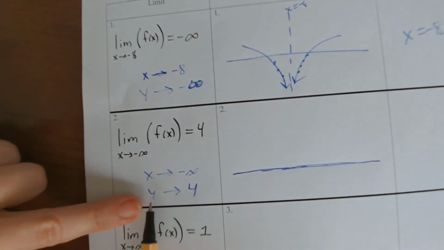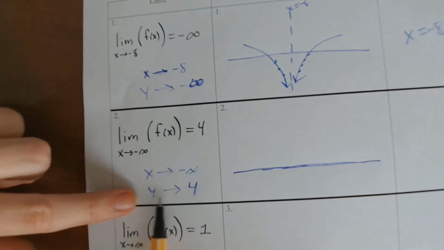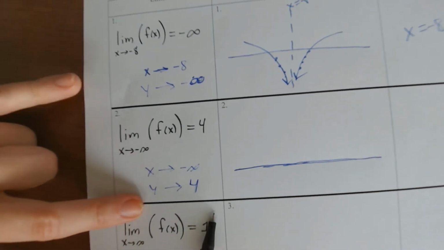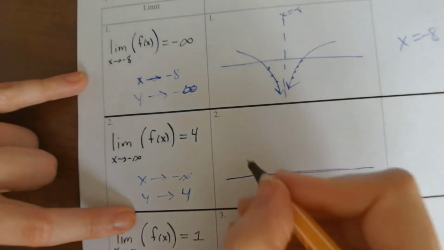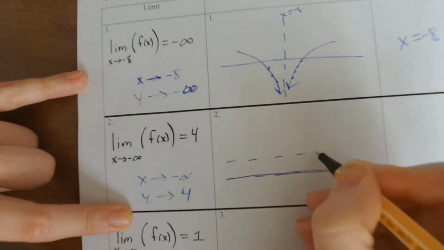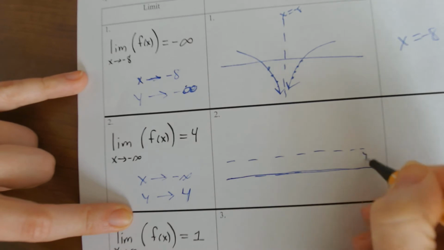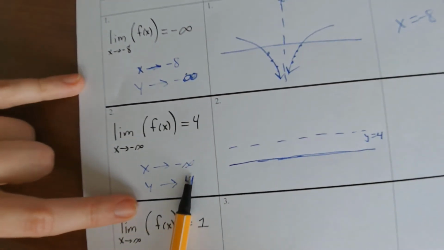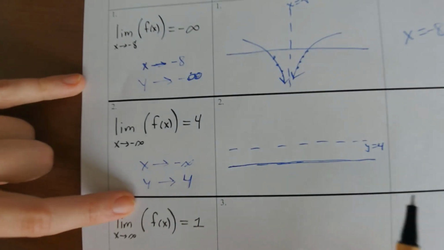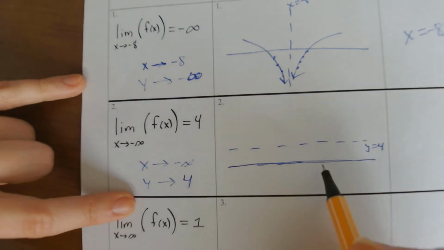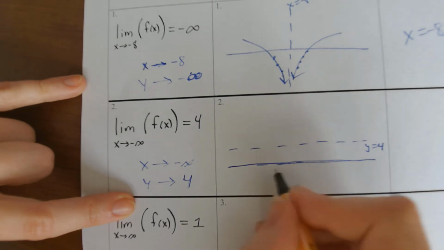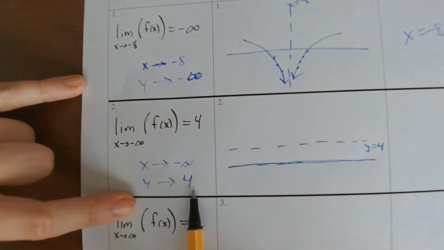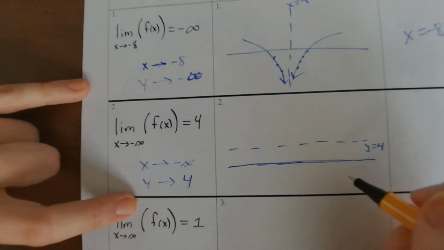If it's y that is approaching the constant and x is approaching some type of infinity, then you know you've got a horizontal asymptote. X approaching negative infinity means that as my x values move further and further left, the y's are leveling off at 4.